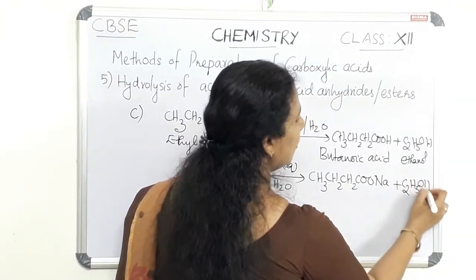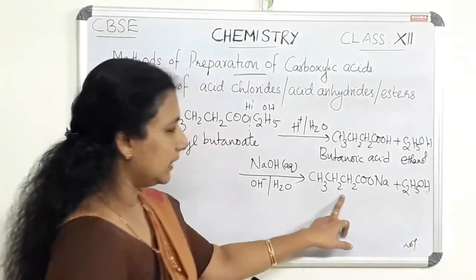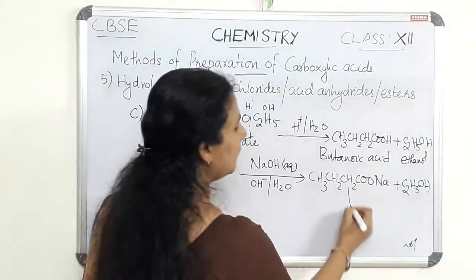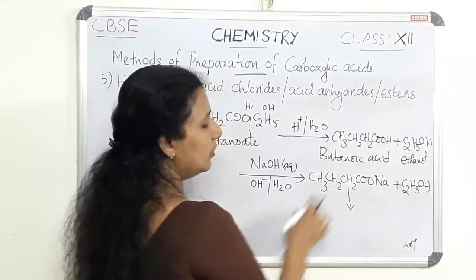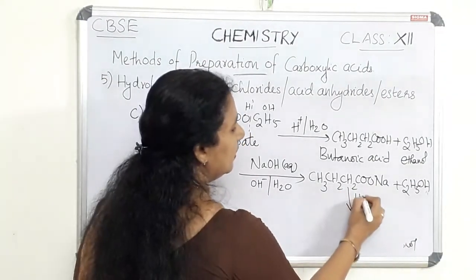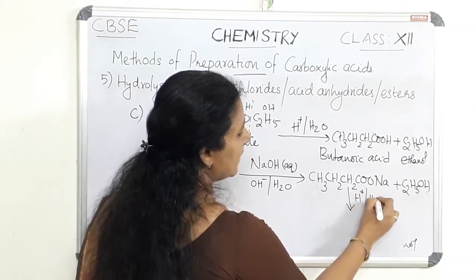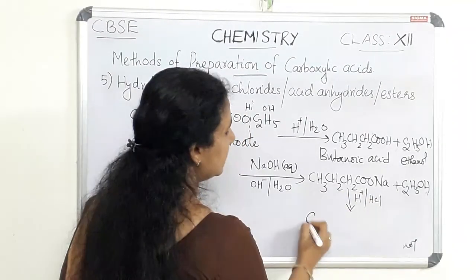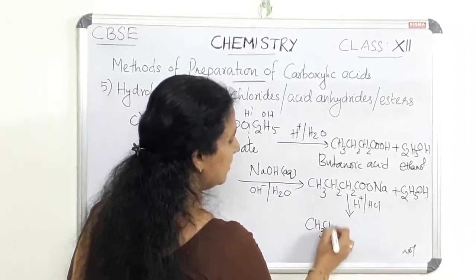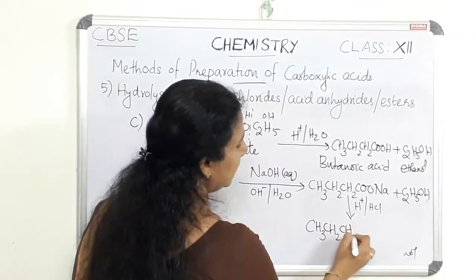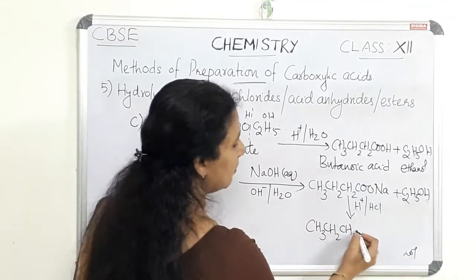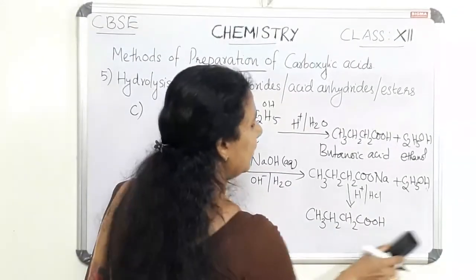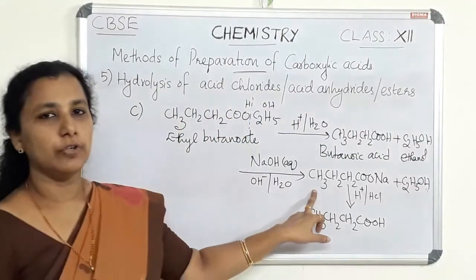Then we have to convert this sodium salt of carboxylic acid, with the treatment of a mineral acid like HCl, to get the corresponding acid. So if we are using a base for hydrolysis, we will get the sodium salt of carboxylic acid.